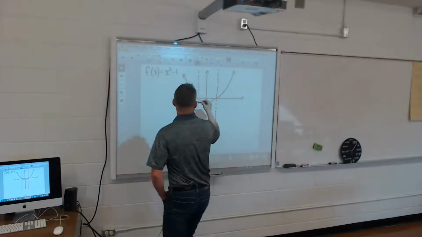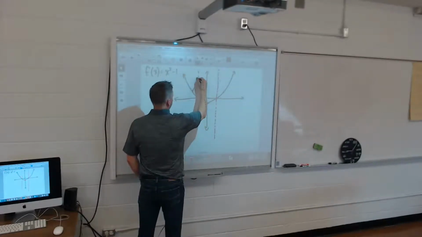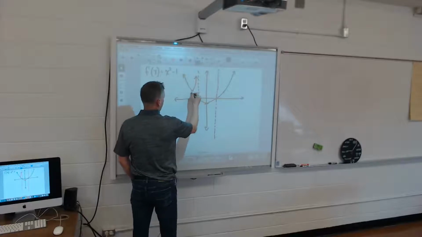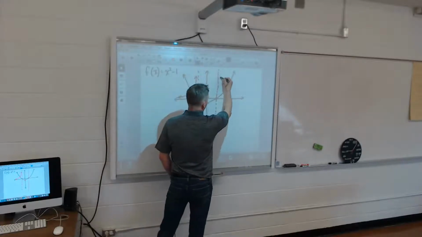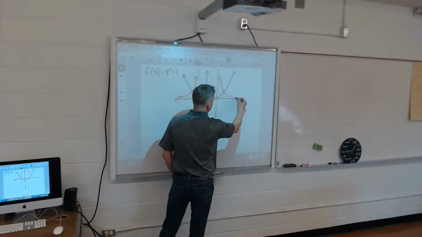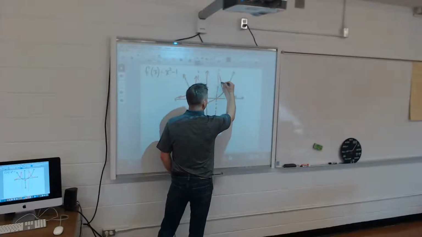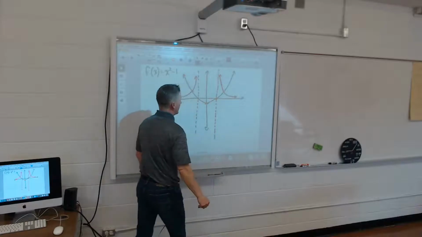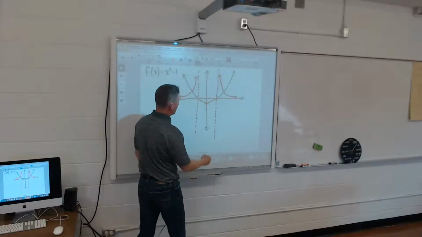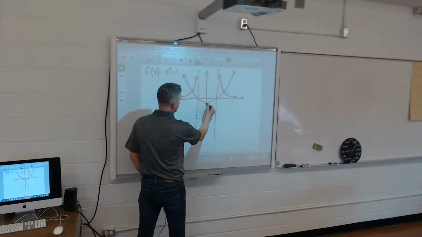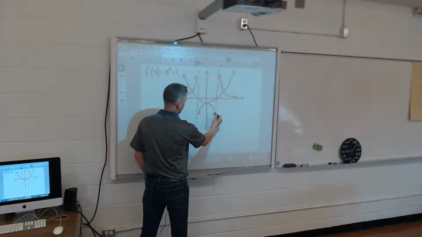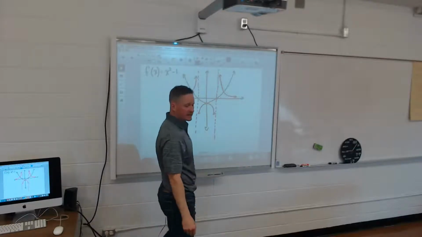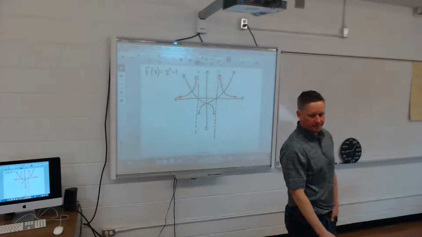So it goes up towards this asymptote, down towards that asymptote. Same thing over here, like that. And then on the bottom here, I keep that point because it's an invariant point, and my graph opens like this. So it looks like it has a mini parabola below the line.